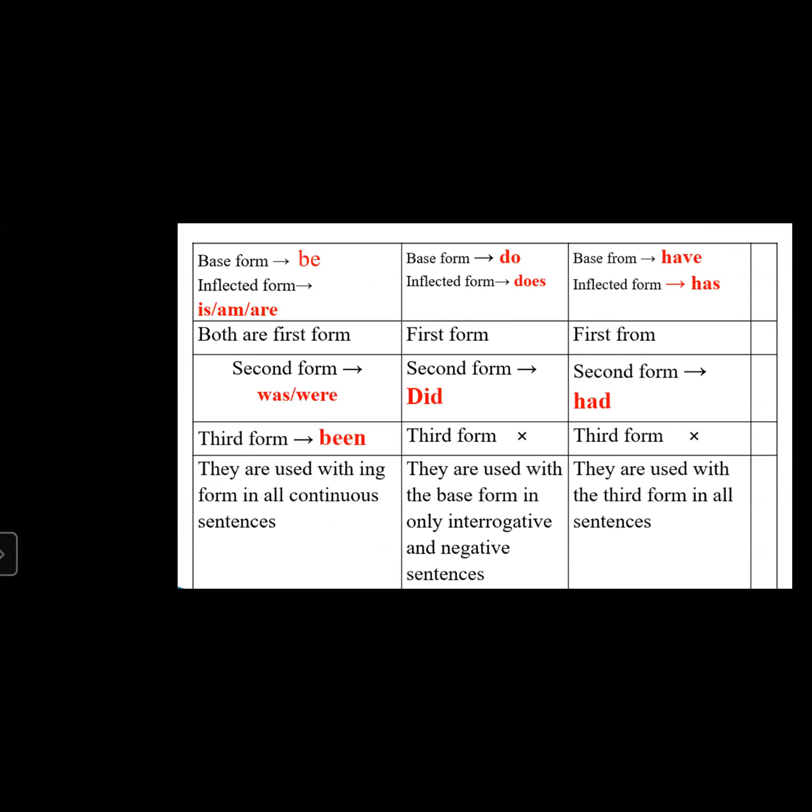And have, has, have is the first form, had is the second form. It does not have third form as a helping verb. It has a third form as main verb, but not as a helping verb. And is, am, are is the first form, was, were is second.